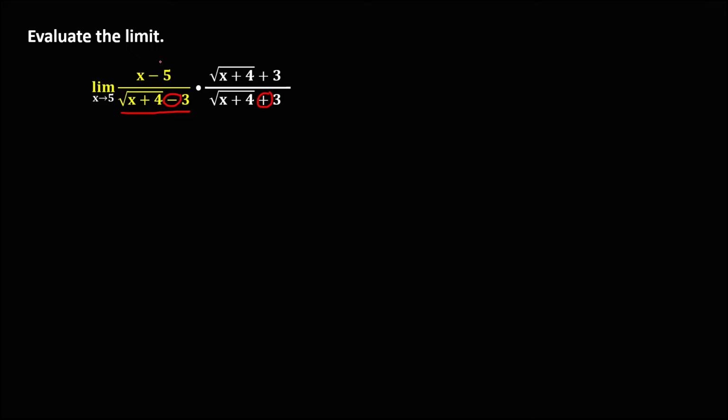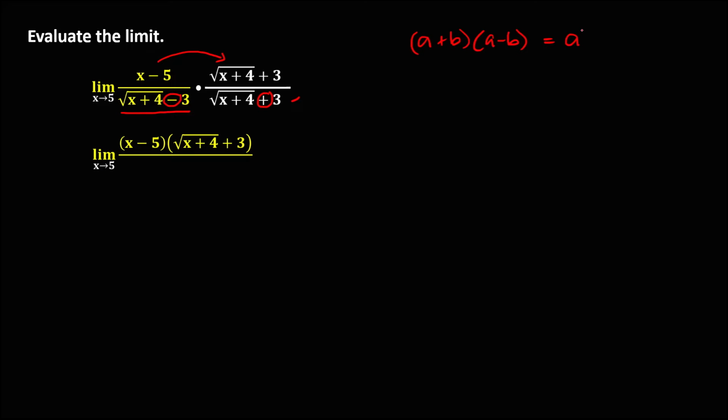Then to simplify, combine these two expressions. So this becomes x minus 5 times the square root of x plus 4 plus 3. For this denominator, since a plus b times a minus b is equal to a squared minus b squared, observe that in the denominator this is a and this one is b.